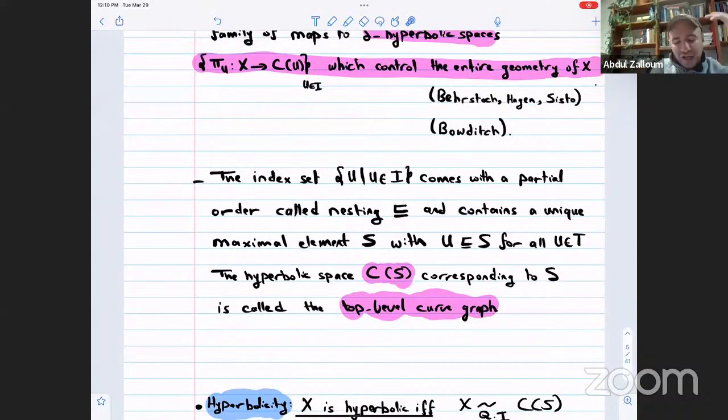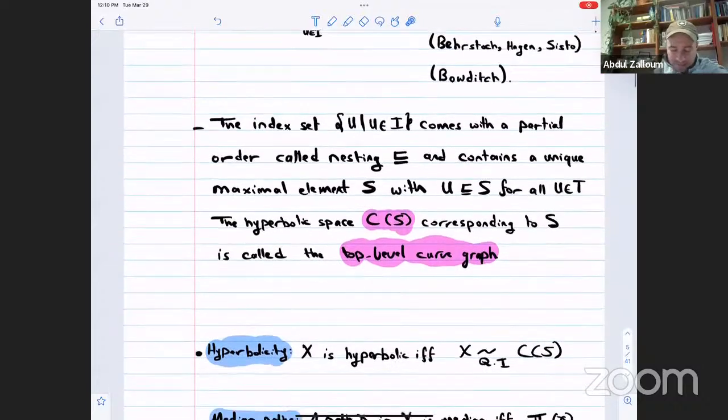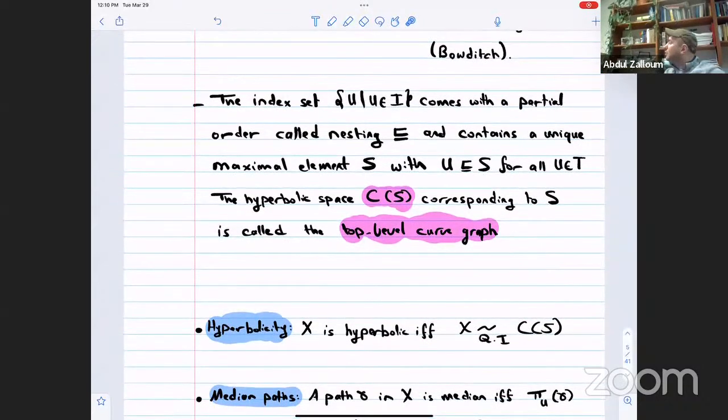And an HHS is hyperbolic if and only if the pi sub S map is actually a quasi-isometry. Okay, so here is a characterization of hyperbolicity in terms of such maps and such hyperbolic spaces.